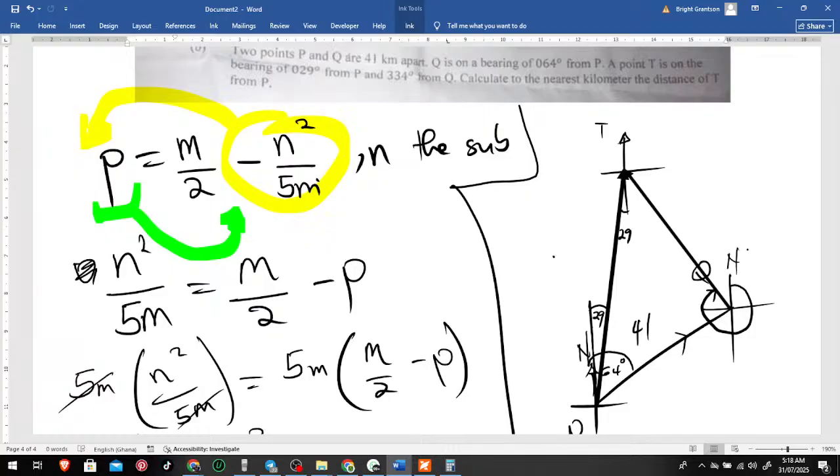Next thing we have to do is, after we've drawn everything, let's read the question again and see if everything is satisfied. It says two points P and Q are 41 kilometers apart, as written.